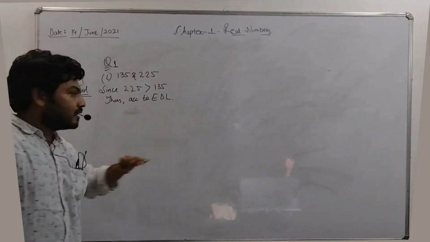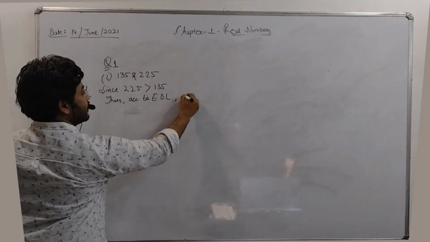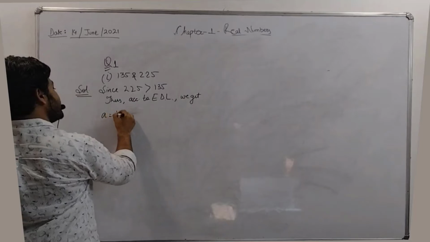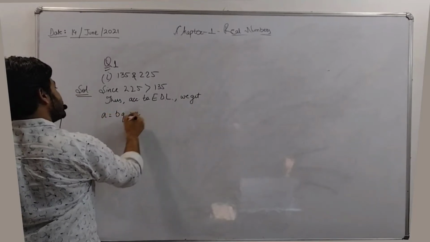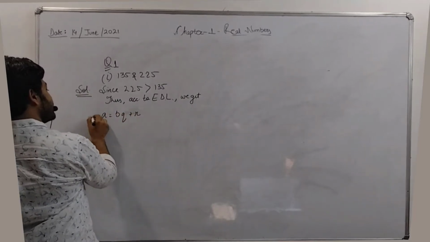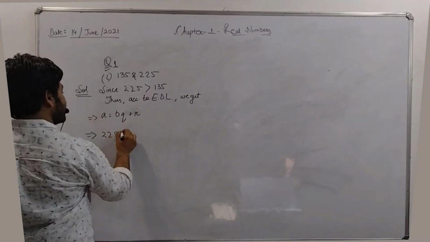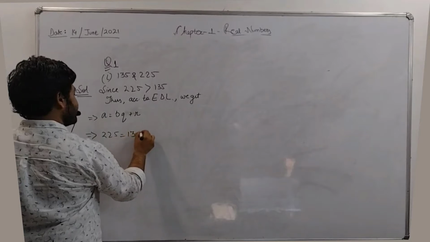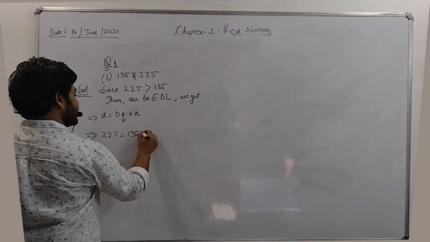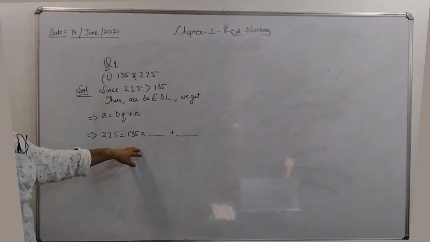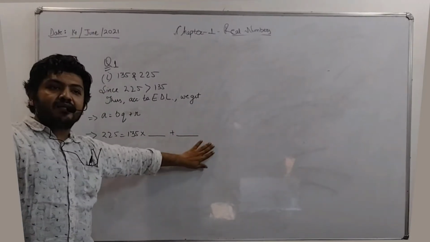Euclid's division lemma, EDL, we get A is equal to BQ plus R. Now instead of A, you can write 225 is equal to 135 into dash plus dash. Now here you have to find the quotient as well as the remainder.